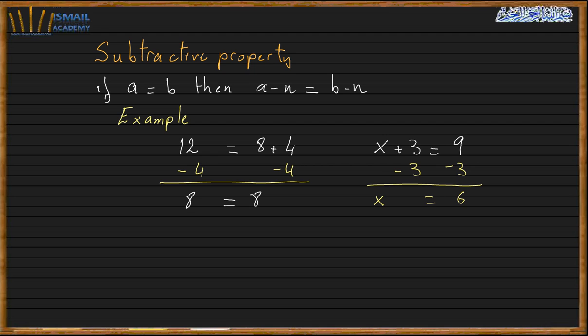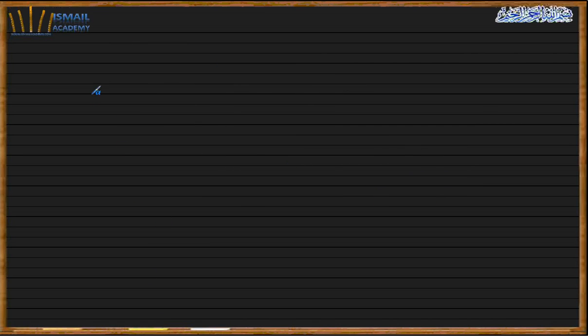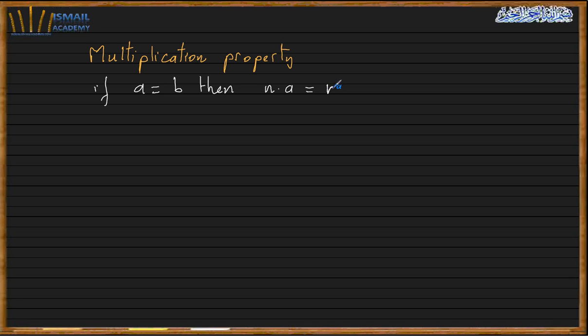The next property is the multiplication property. So if A is equal to B, then n times A is the same thing as n times B. If I multiply by the same number on both sides, it's the same thing.